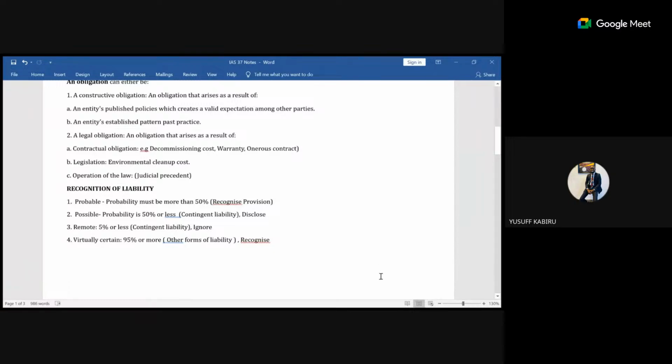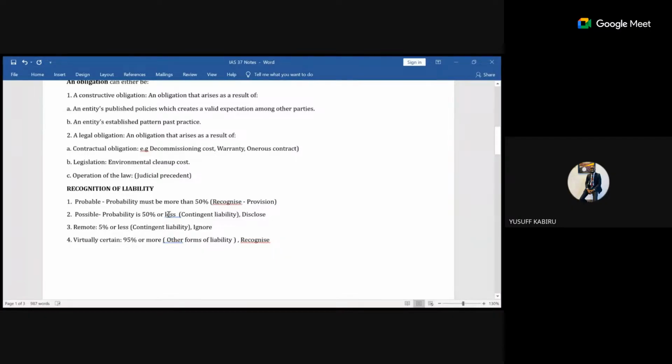So when a liability has a 50% chance that you will pay it, IAS 37 says you should recognize a provision. When it is probable, there is a 50% chance, so you must recognize provision.